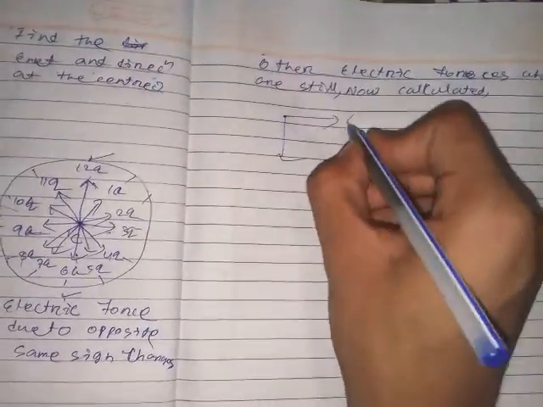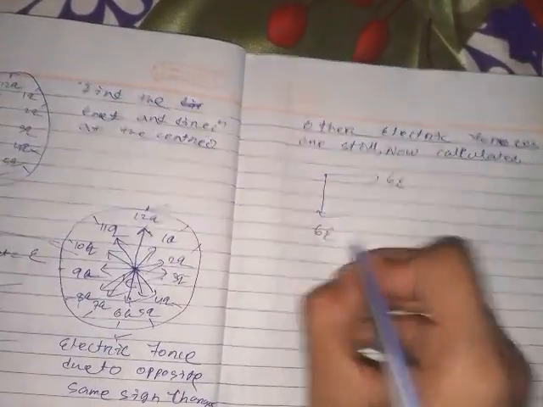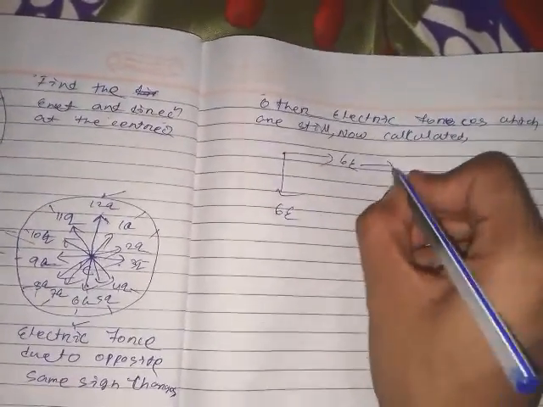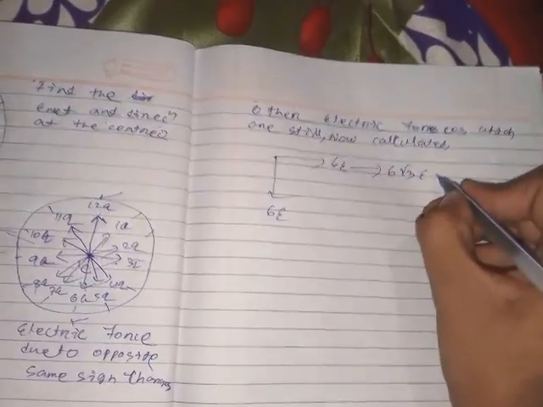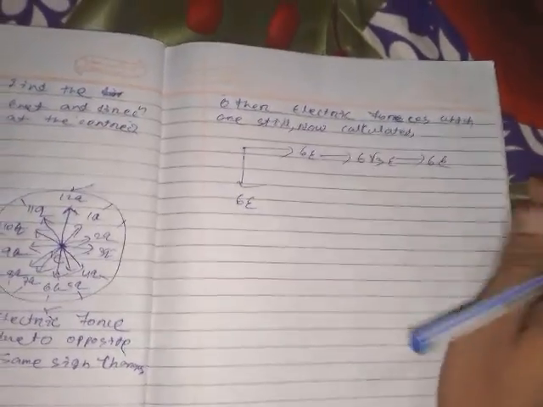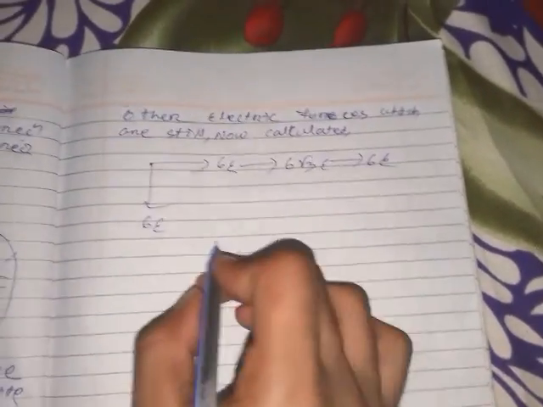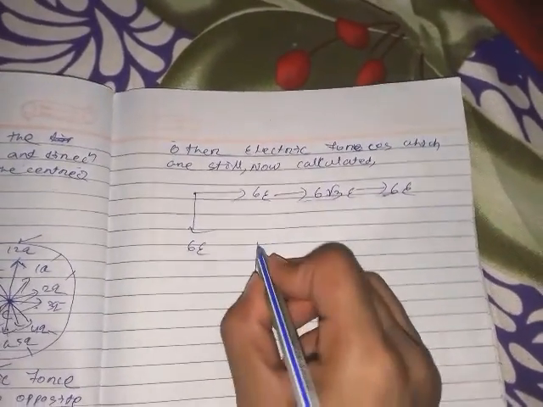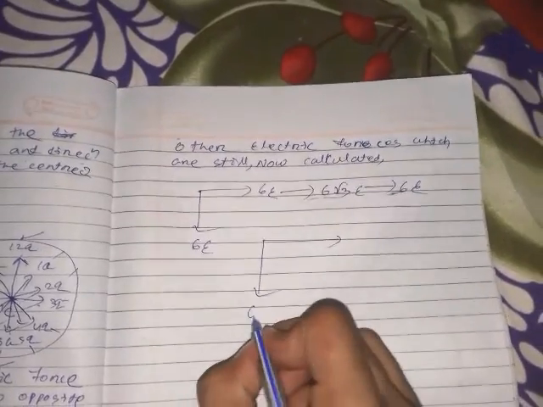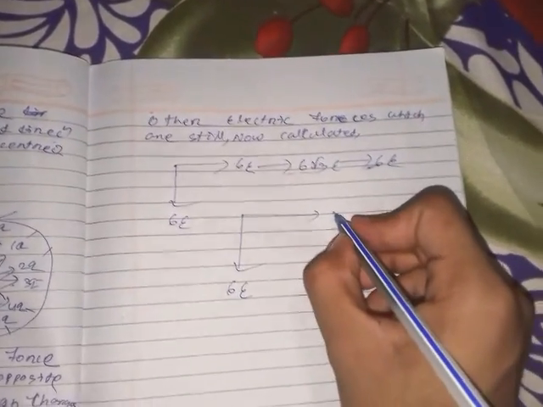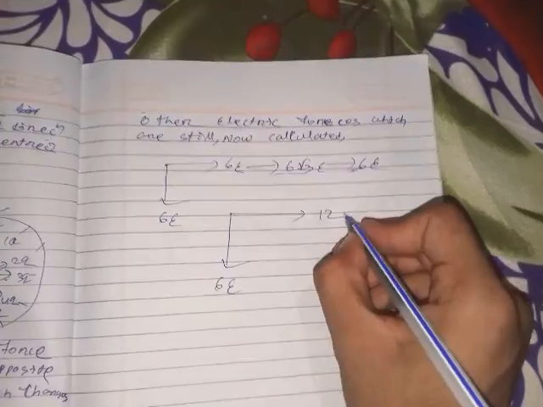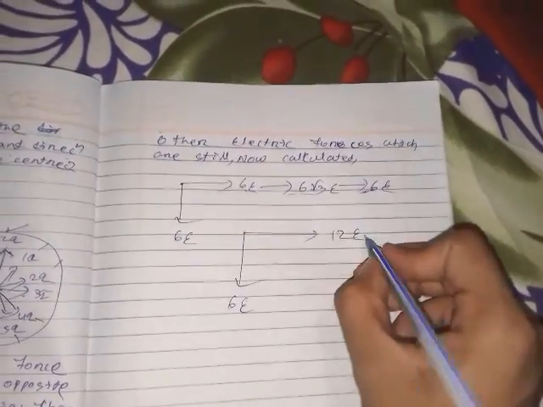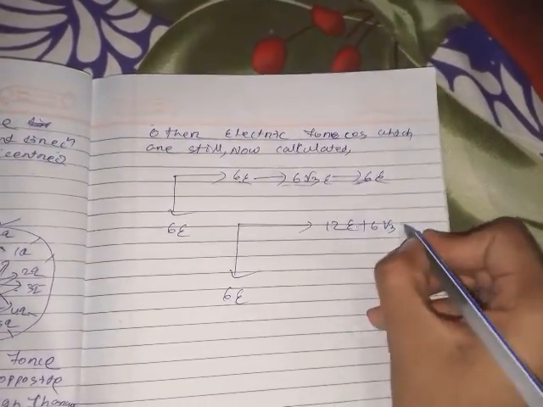Here 6E and here 6E, added with 6 root 3 E, then added 6E. So it is 6E, and here 12E plus 6 root 3 E.